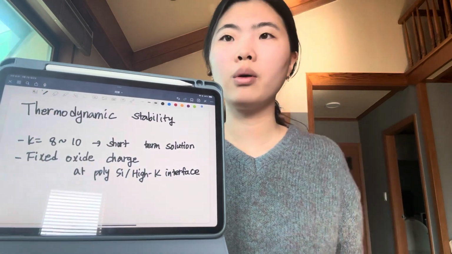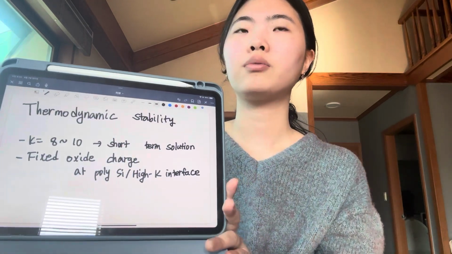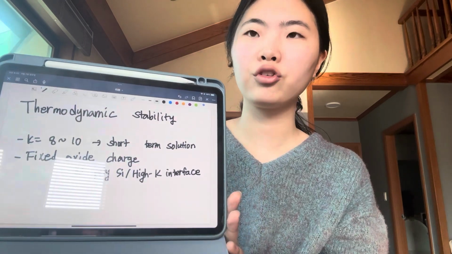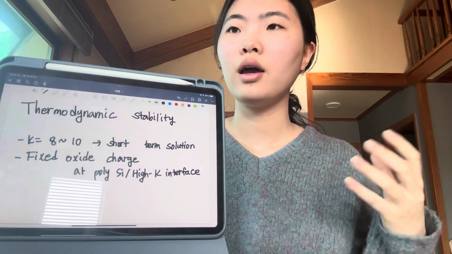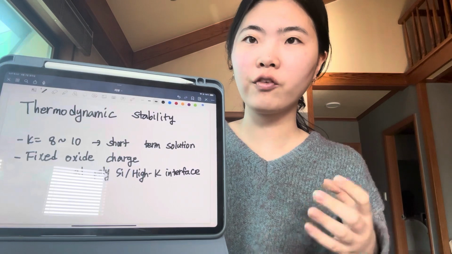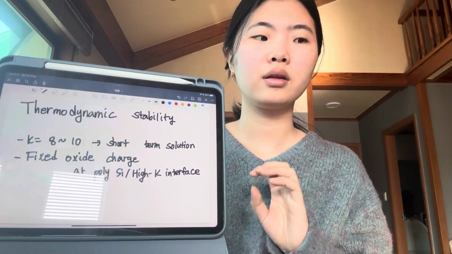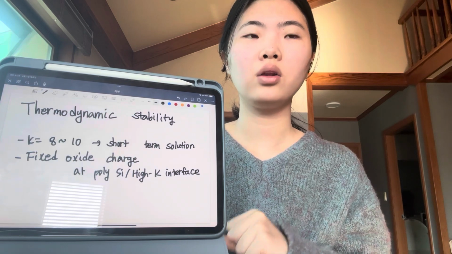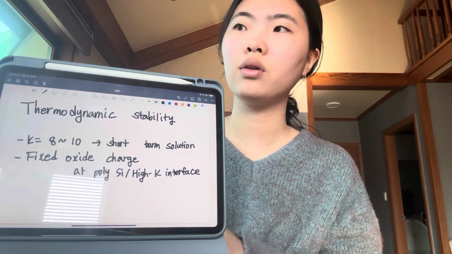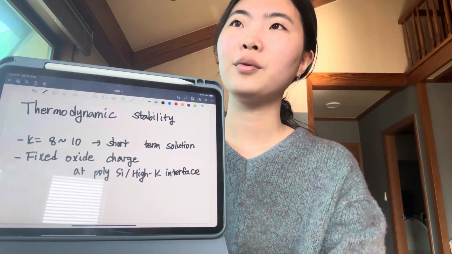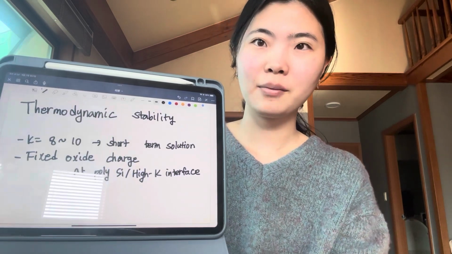We should know the problems of thermal energy, and find solutions to how to lower the thermal budget in semiconductor engineering.